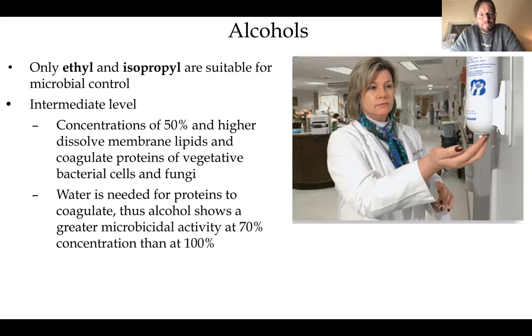And so these are going to kill vegetative cells and some fungi. The reason you don't just use 100% alcohol is that there needs to be some amount of water so that it can do its job, okay?